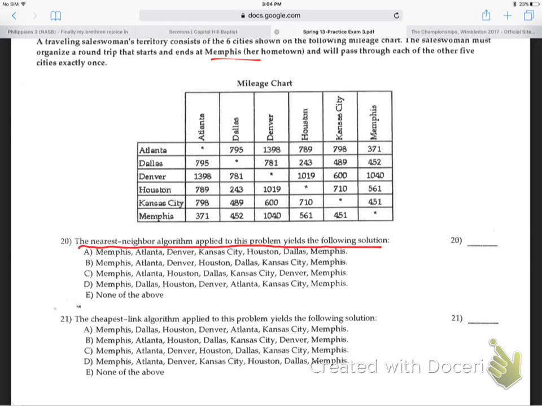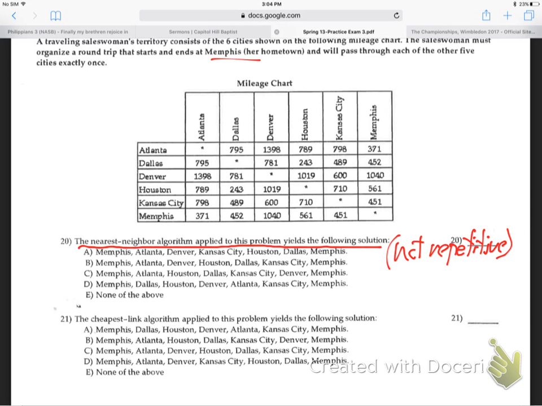So they're saying, do nearest neighbor on this thing. Now, notice it does not say repetitive nearest neighbor. It just says nearest neighbor, not repetitive. Everybody seeing the difference between those? So I'm not going to start at every city and do the whole thing.